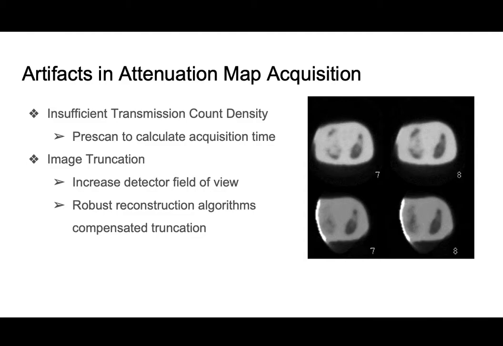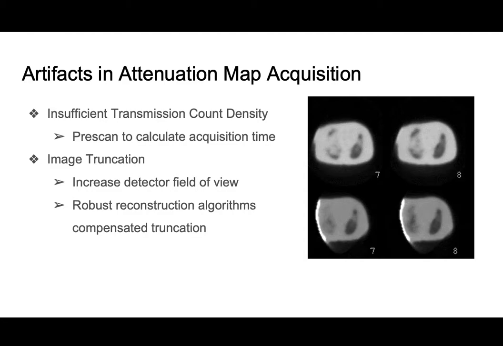When dealing with a patient with a large body size, the transmission count density might not be sufficient to obtain the full profile of the attenuation map. One way to solve this artifact is to perform a short pre-scan to calculate the acquisition time.